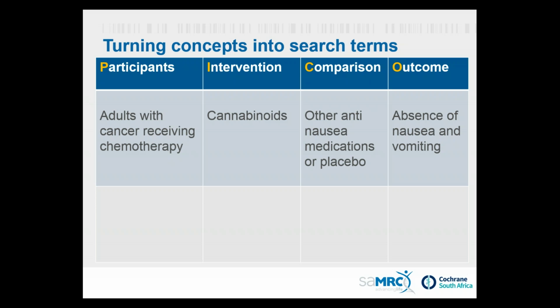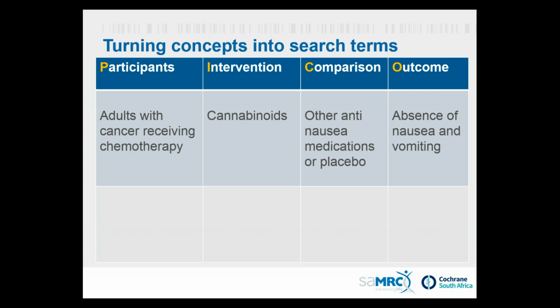So if I search just cancer patients, it wouldn't necessarily find adults with cancer. So we need to be very careful how we structure our terms that we're going to be putting in PubMed when we do our search.